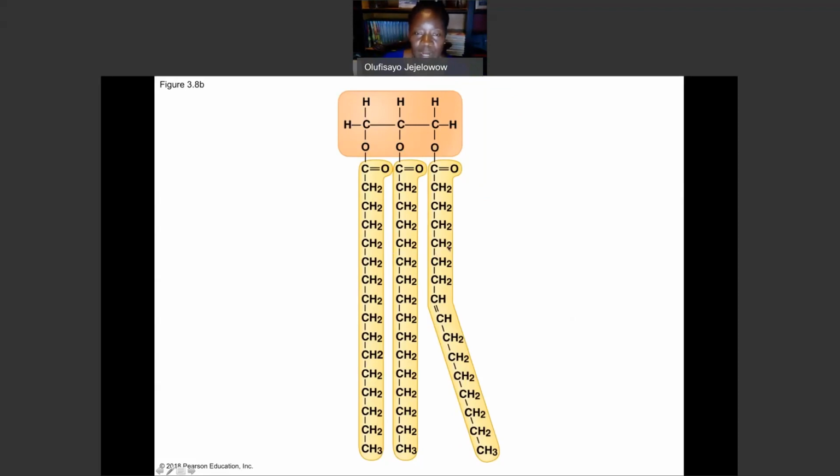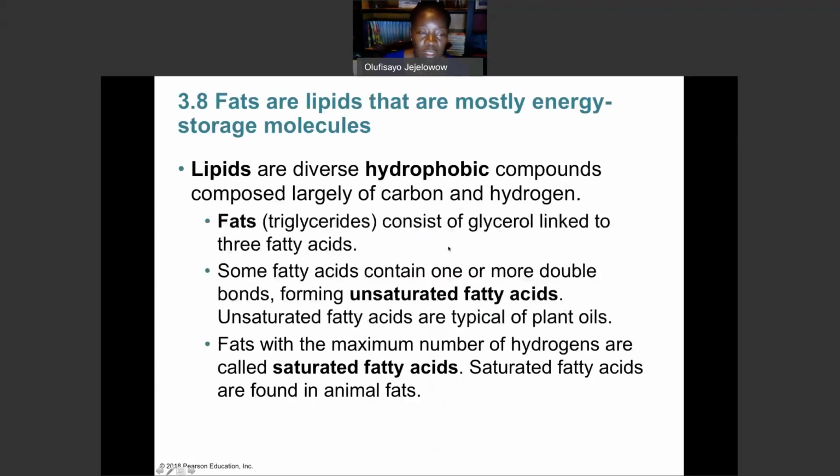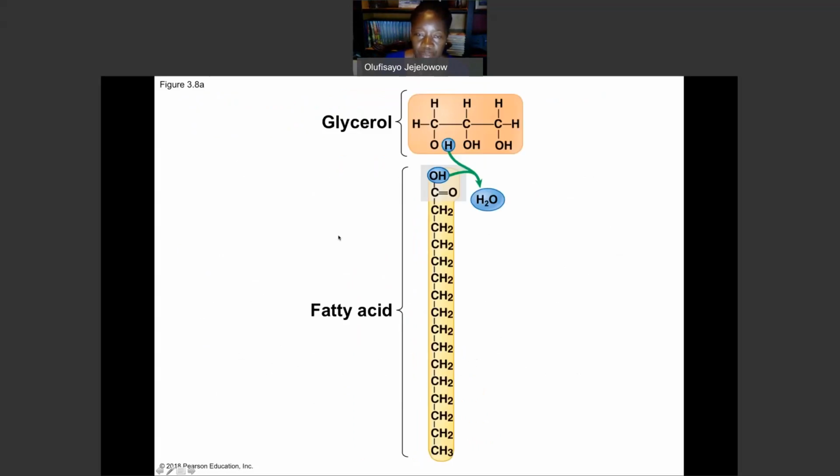So the fats that we are familiar with, that we use in our kitchens and consume daily, are triglycerides. They are glycerol bonded to 3 fatty acids, triglyceride.